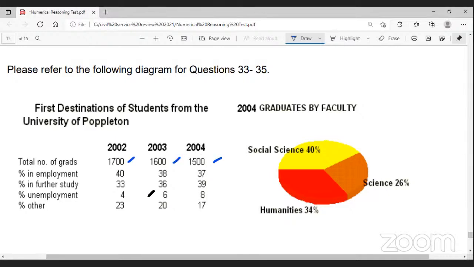In 2004, 1,500. Percent in employment, in further study, they proceed to another program. Unemployed, percent of the other graduates of the university. This is the area where the students graduated: social sciences programs, humanities, sciences.